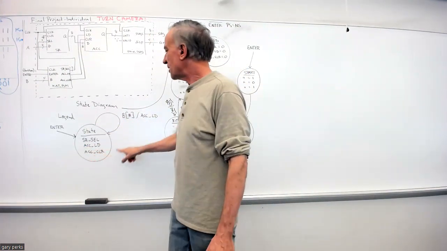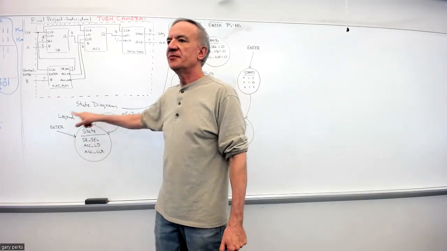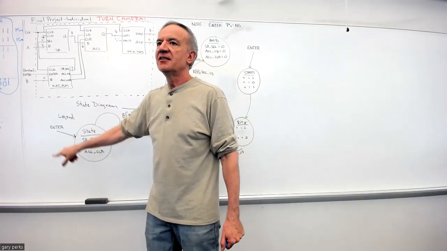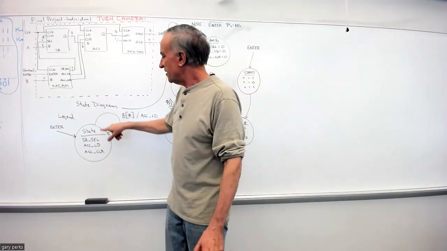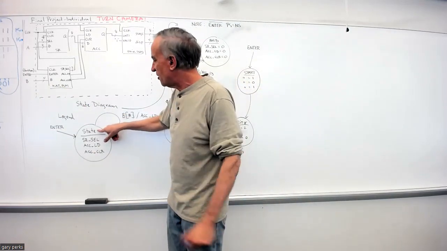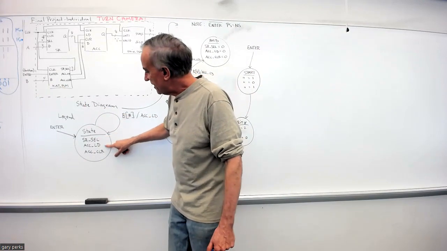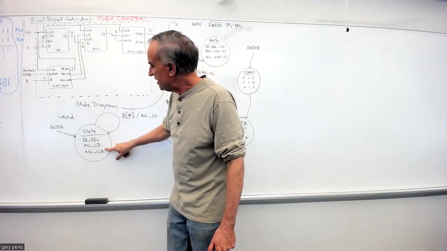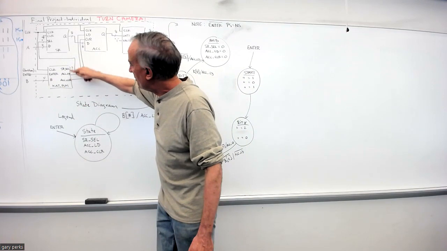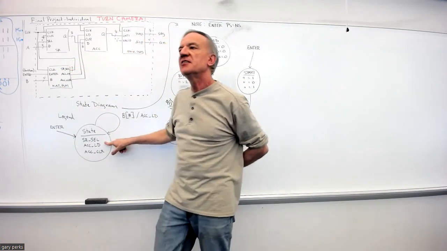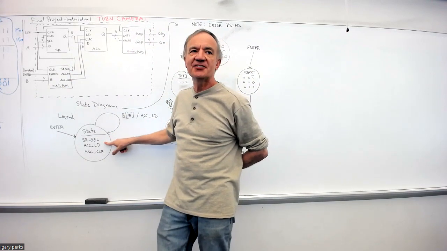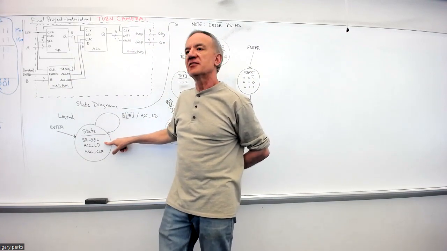All right, but let's review this, because we've talked about this. What does the circle represent in a state diagram? It represents a state, right? Each state gets a circle. Then you have the name of the state that you can call whatever you want. Now inside the circle, see the three outputs of our FSM, they're all within the circle. So since they're inside the circle, what kind of output are they? Right, they're Moore outputs.